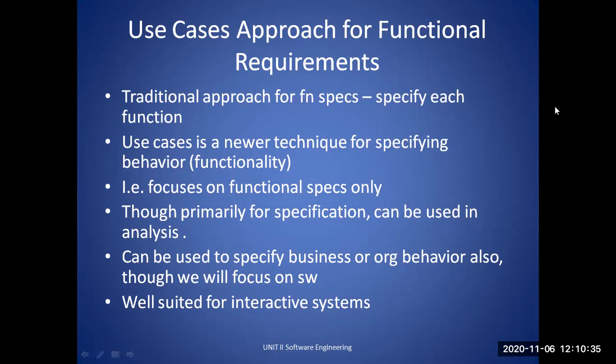Every department has its own functionality, its own purpose, its own aim and goal. Similarly, when we are developing a system, we will try to identify the key functional aspects of the system by using an approach called use case.